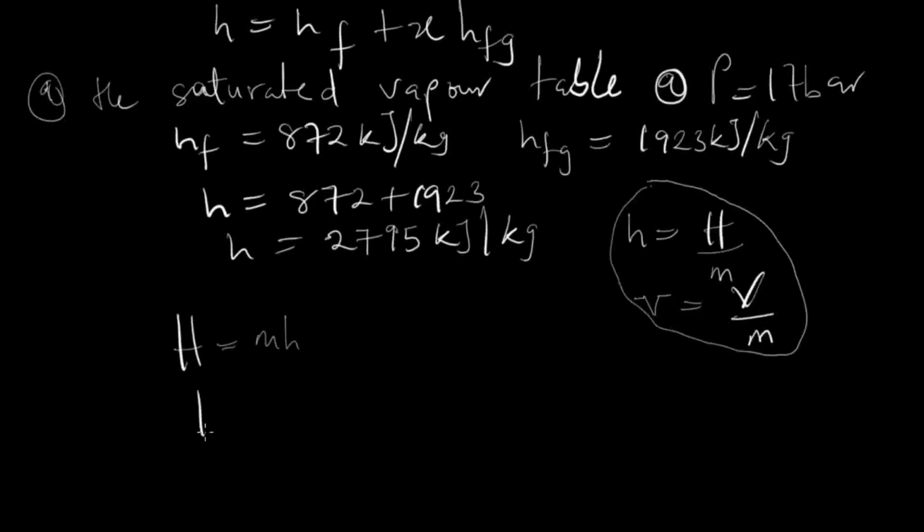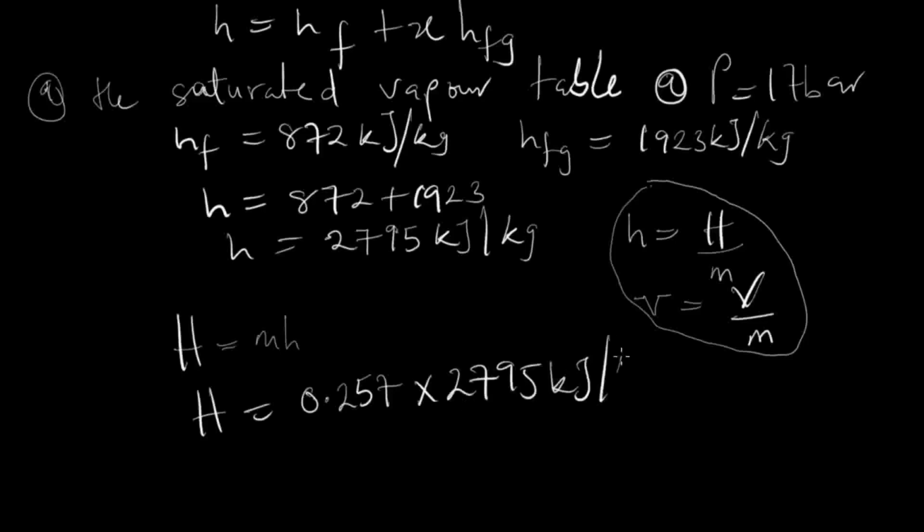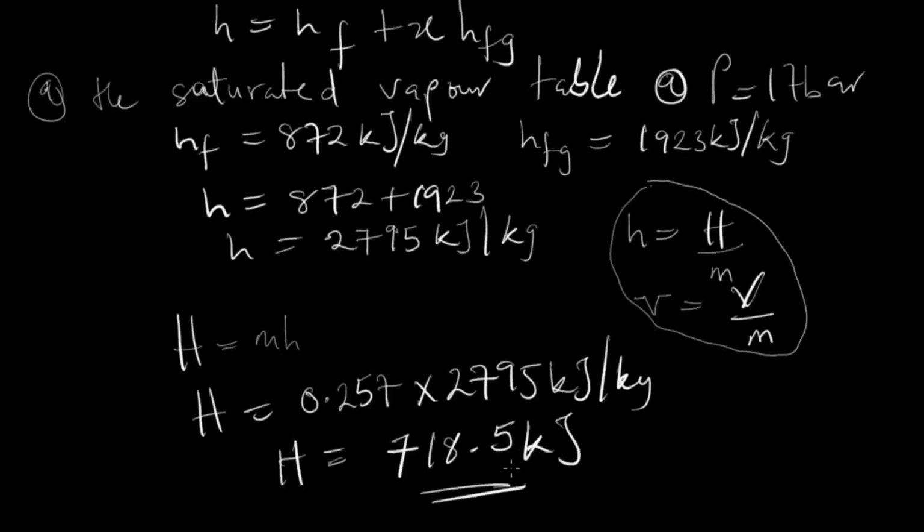Then finally our mass will be 0.257, just like we calculated, times 2795 kilojoule per kilogram. So the enthalpy of this mass is 718.5 kilojoules.